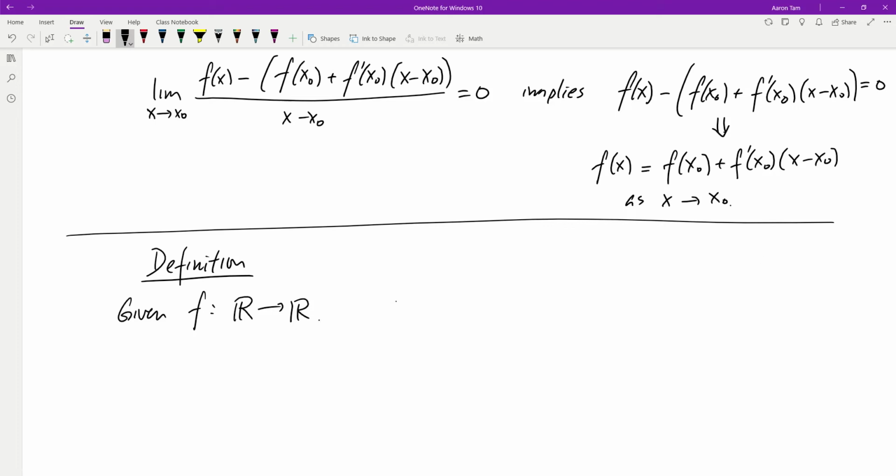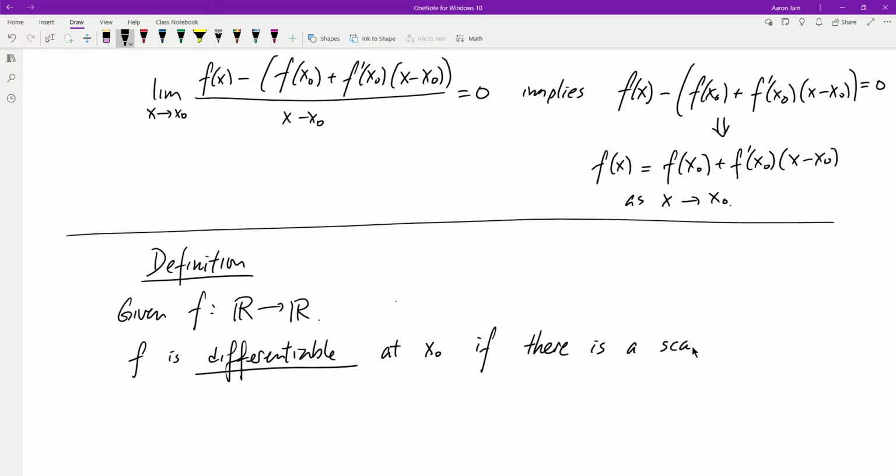Let's say f is differentiable, so I'm going to define this term differentiable. f is differentiable at x sub 0 if there is a scalar, which we're going to call f prime at x sub 0, such that the following limit is true.